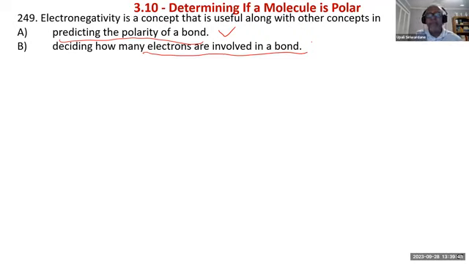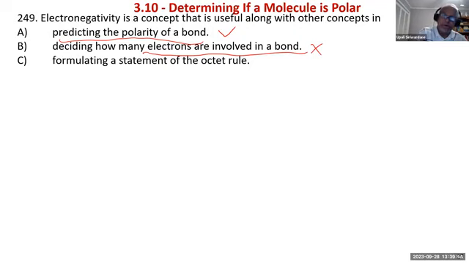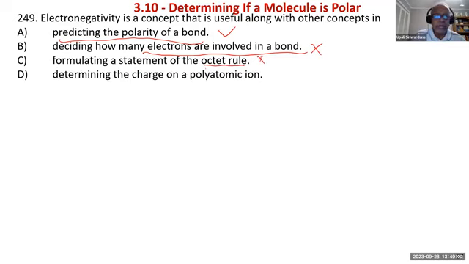It only tells attraction of electrons. So it's the Lewis structure and octet rule which decide how many electrons are involved in the bond. The octet rule is not based on the electronegativity concept. Charge on an ion or polyatomic ion is decided by how many electrons are in the valence shell. The correct answer for that idea: electronegativity is pretty useful in predicting the polarity of a covalent bond.